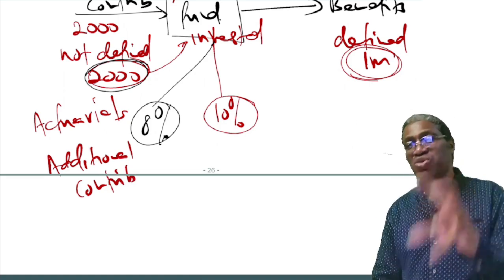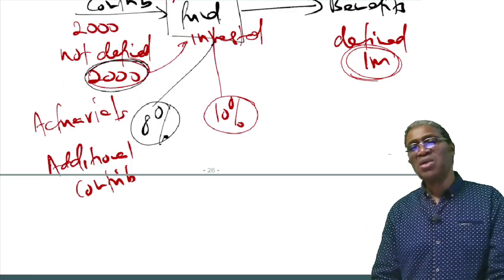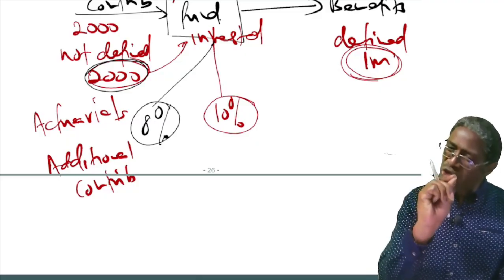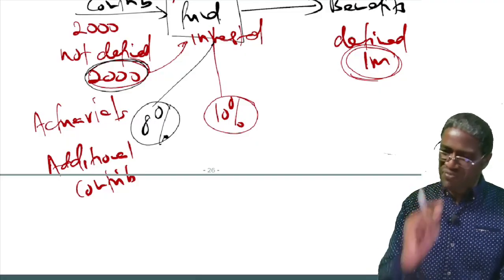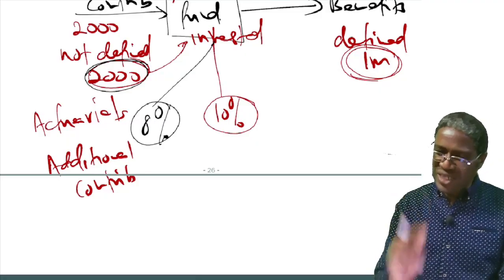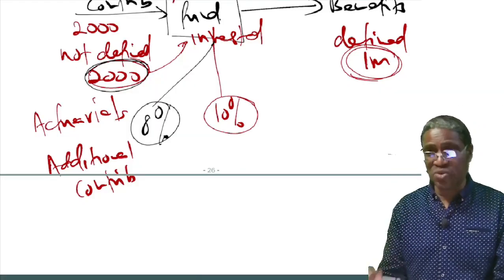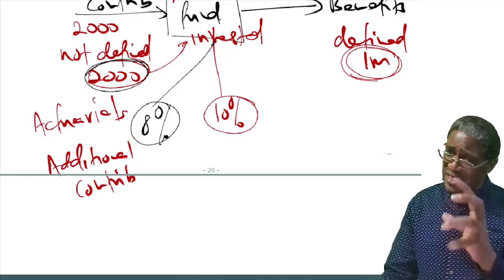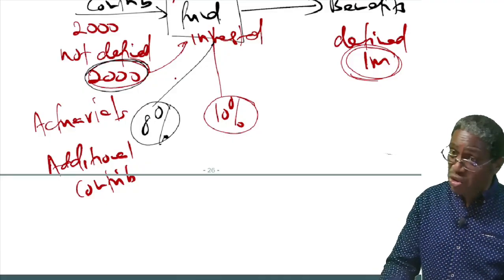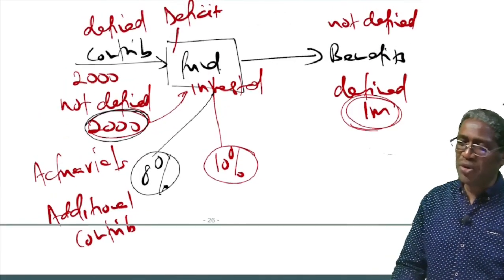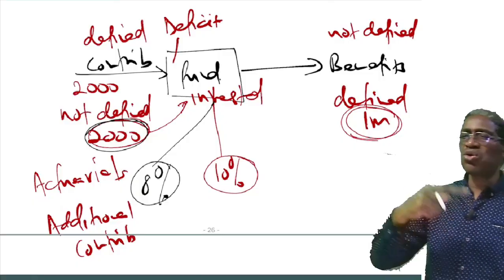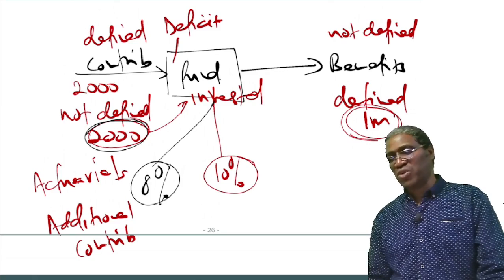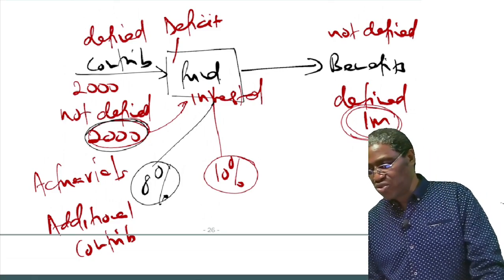The employer will be told to make extra contributions to meet the expected shortfall, because we have said the contributions are not defined. They are set at such an amount that is expected to earn enough return. Good. So if the fund has a deficit, then the correction would be, let the employer make additional contributions into the fund so as to make up for the expected shortfall.